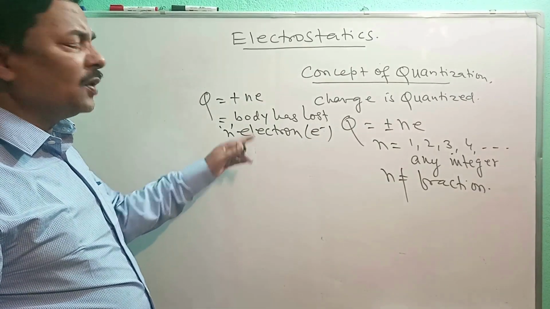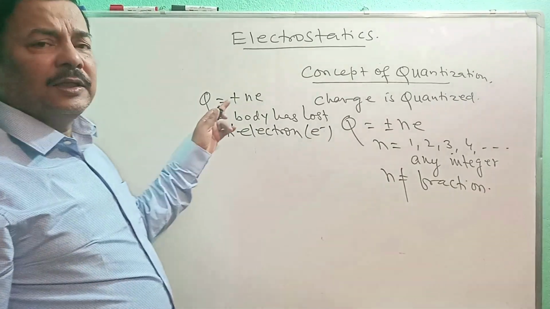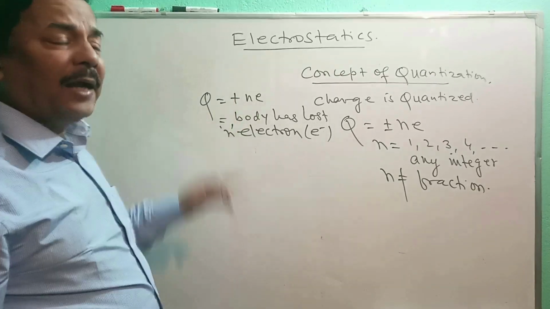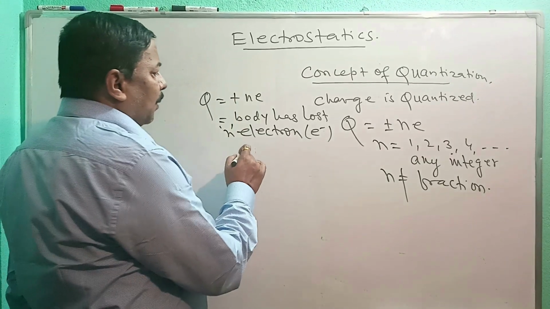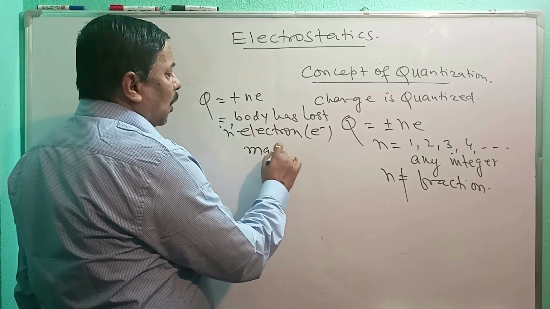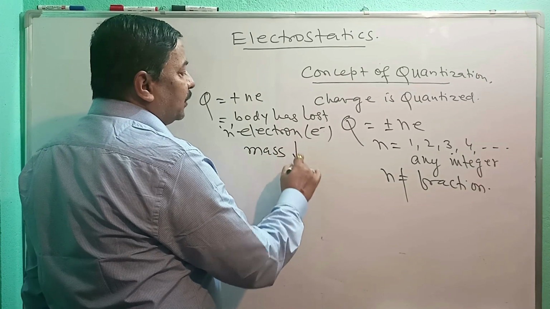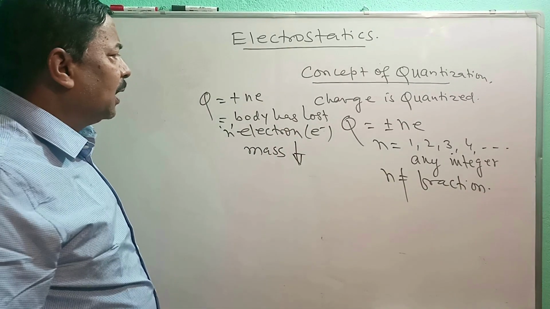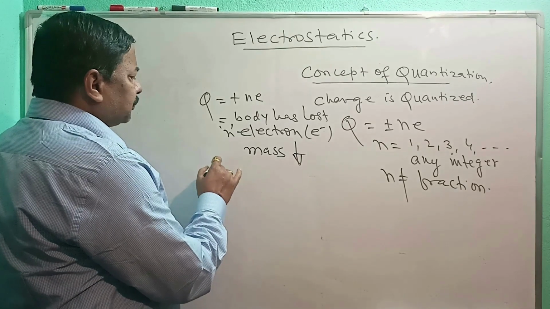So when it has lost N electrons, the result is a positively charged body, and at the same time the mass of the body will decrease.